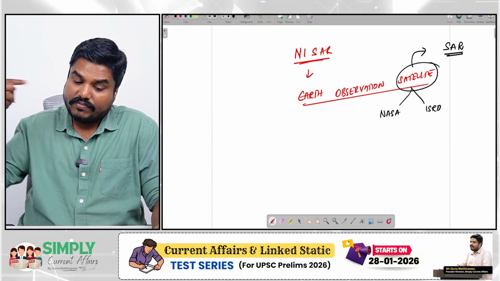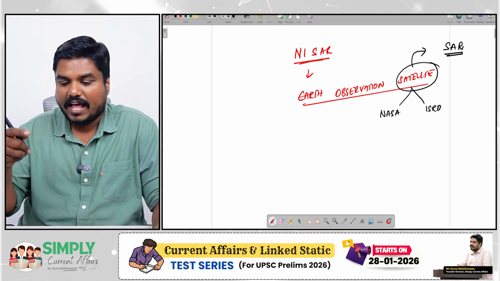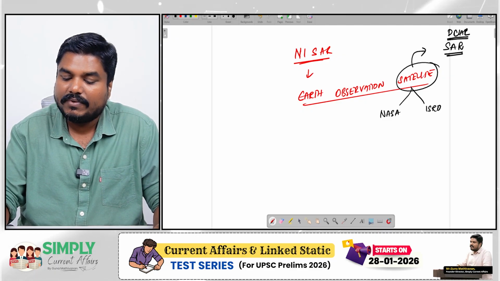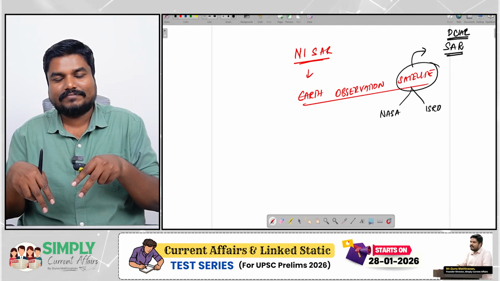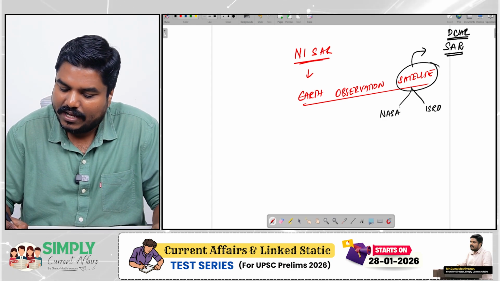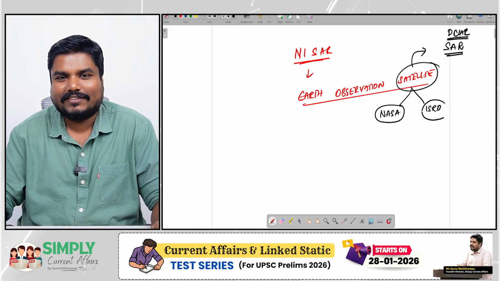Now what is significant about this NISAR is, for the first time an Earth observation satellite has dual synthetic aperture radar. That means the satellite has two radars. Okay, it has two cameras. Imagine, NASA gave one radar, ISRO gave one radar.